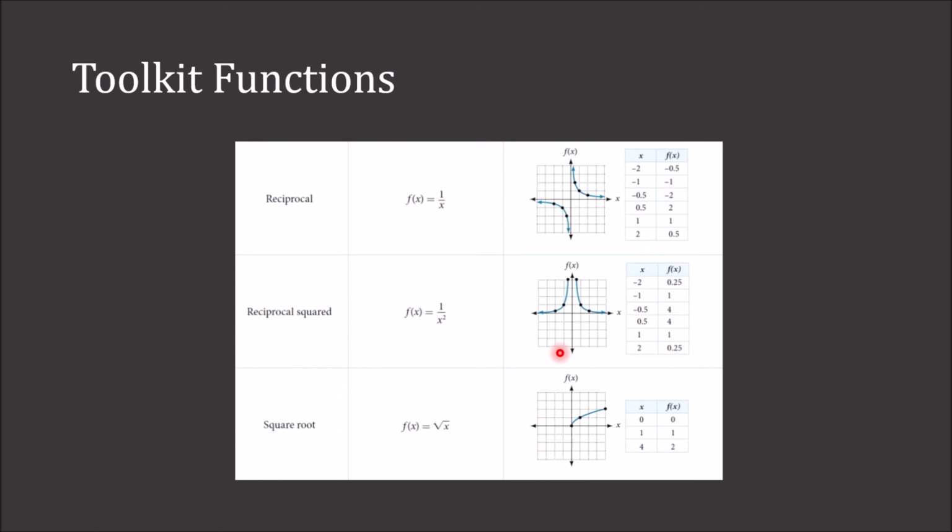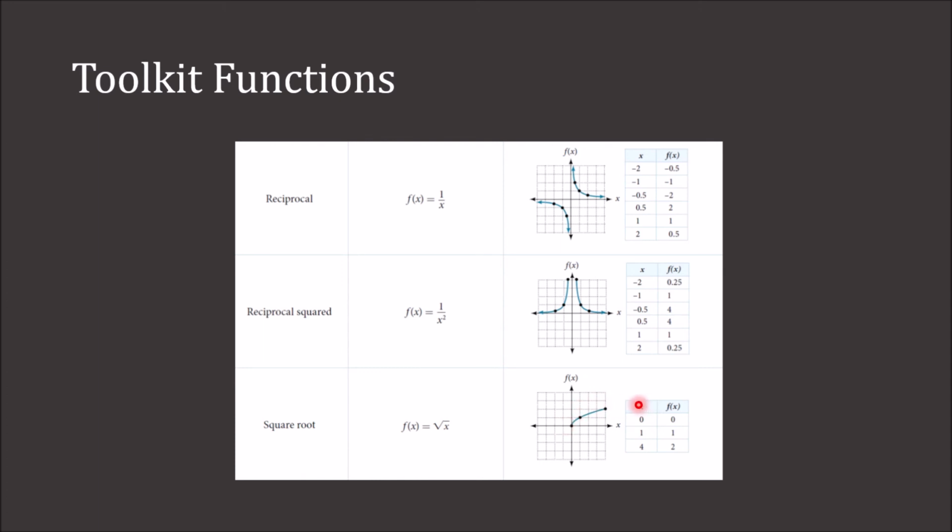We have the reciprocal function, which is f of x equals 1 over x. It results in two parabolic shapes. And this is 1 to 1. We then have the reciprocal squared, so 1 over x squared results in this kind of graph, which is not 1 to 1. We have the square root, f of x is the square root of x, which is sort of like a half sideways parabola.